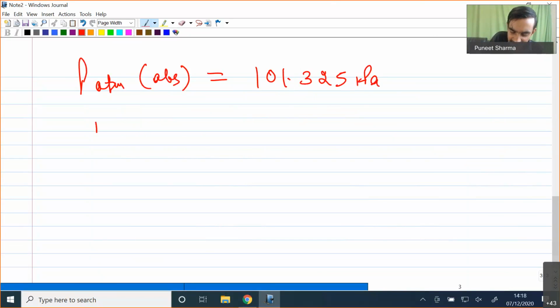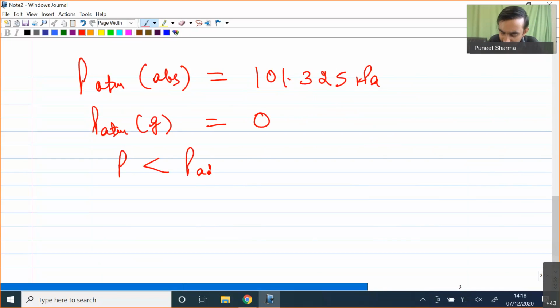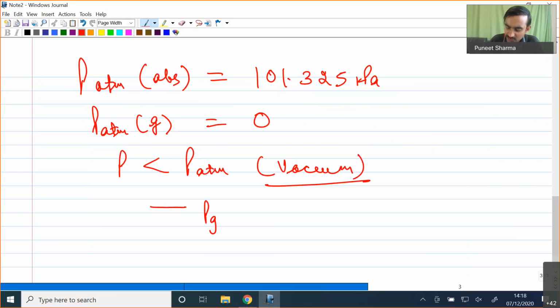If I write atmospheric pressure in gauge, it is equal to 0. So, as I have already told you, any pressure which is less than atmospheric pressure is a situation we call vacuum. In a vacuum, we will obviously have a negative value of gauge pressure, because for atmospheric pressure the gauge pressure is 0. So for P less than P atmospheric, gauge pressure will be negative.